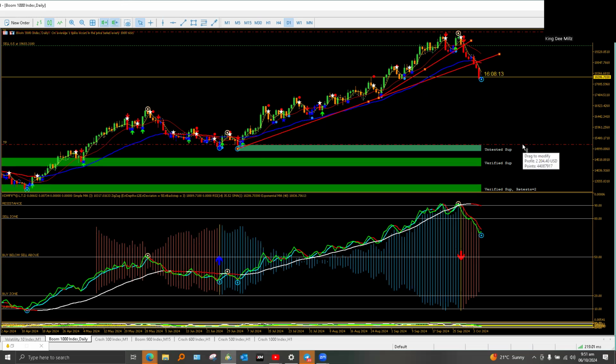So I have 500 US dollars, I'm going to use lot size 0.50, then I'm going to swing the trade for some time. So from that point going all the way down, remember, on higher time frames, the market takes longer to go to your preferred destination.